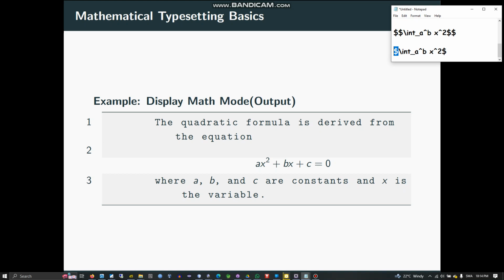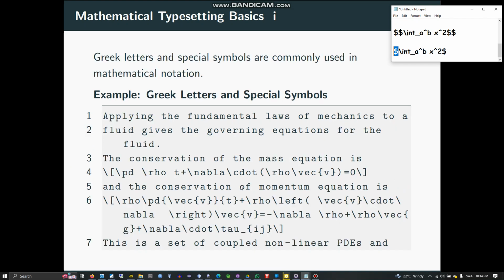We also have Greek letters and special symbols in LaTeX. You may wonder sometimes, maybe you're in a class and the professor has written a symbol that you've never come across in your lifetime, maybe they do not even name the sign.